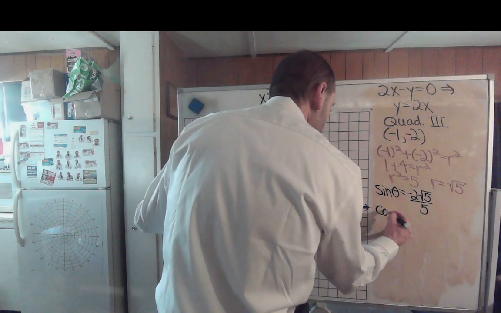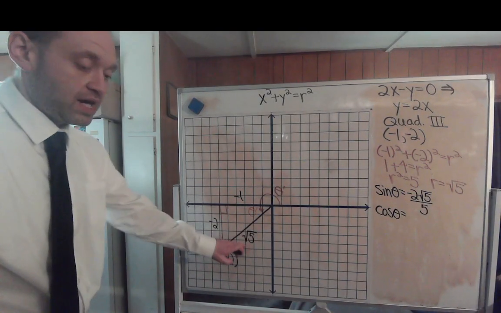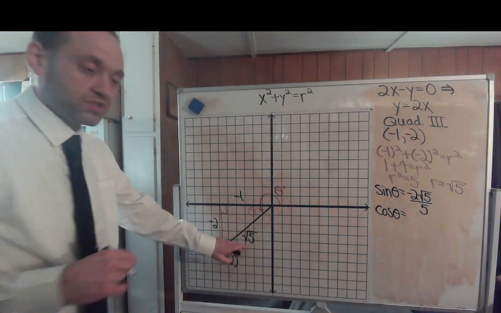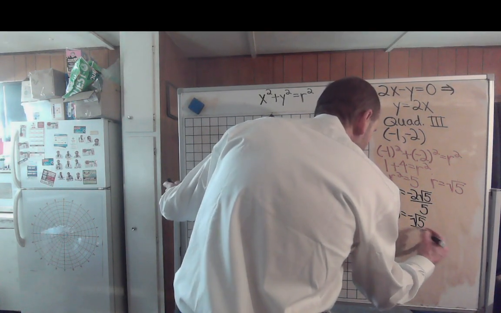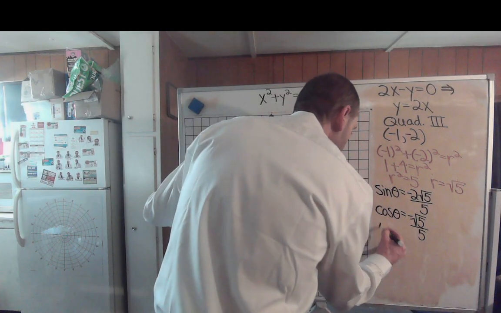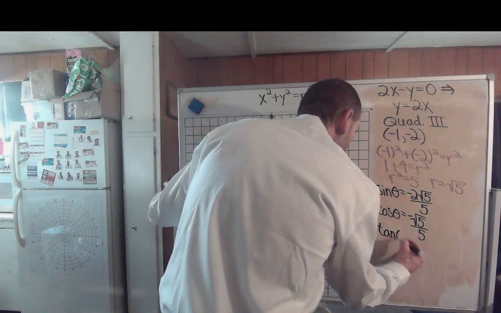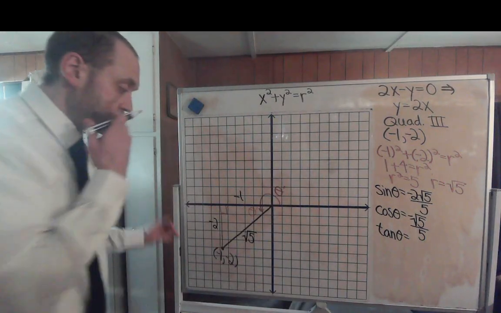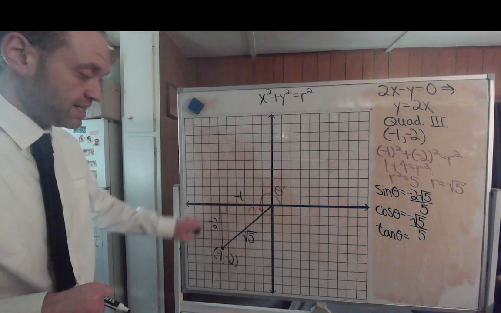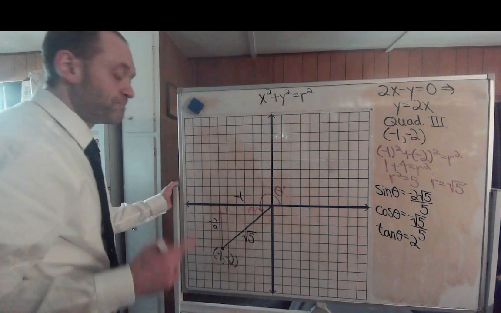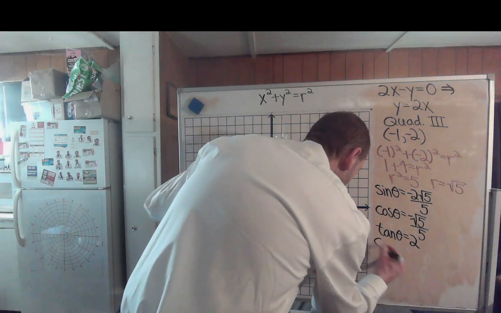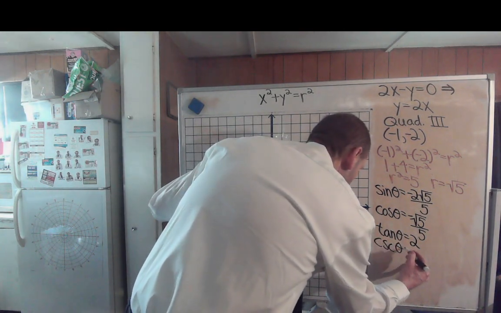Let's find the cosine of theta. That's adjacent over hypotenuse, so -1 over the square root of 5, it turns into negative square root of 5 divided by 5. Let's find the tangent of theta. Tangent of theta is opposite over adjacent. -2 divided by -1 is actually positive 2. Let's find the cosecant of theta.